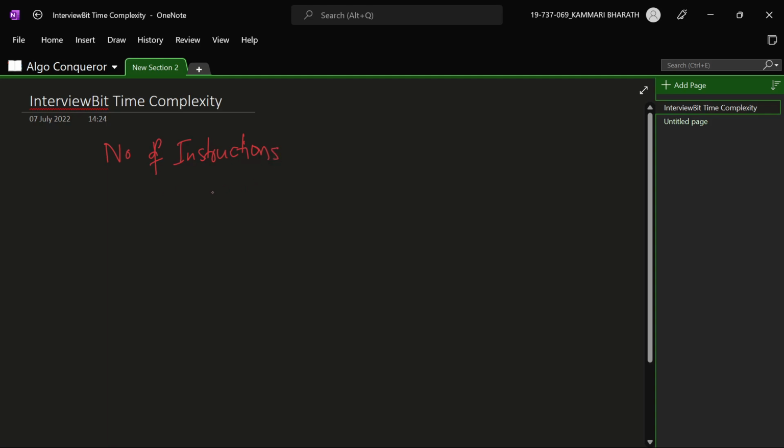After you calculate this, to find the complexity in terms of big O notation, what we'll do is you will first eliminate constants. All constants you have to eliminate.